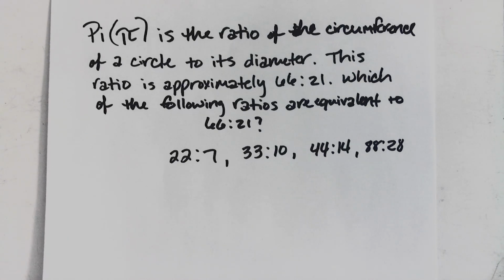So I know in this problem, we can use both multiplication and division to determine if the ratios are equivalent to 66 to 21. So let's start with the first given ratio, 22 to 7. Do you think we should multiply or divide 66 to 21 to find out if 22 to 7 is equivalent? I agree. Since it is smaller than 66 to 21, we will divide.